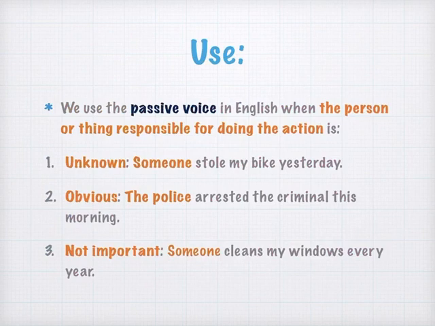Second, when the agent is obvious: the police arrested the criminal this morning. Well, who usually arrests people? Usually the police. And number 3, when the agent is not important: someone cleans my windows every year. So who? Well, it's not important information.